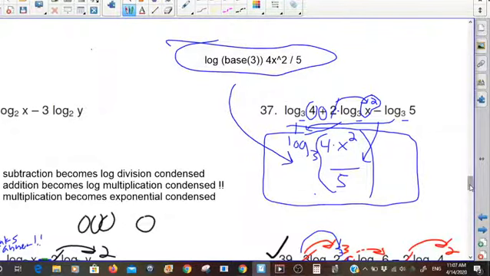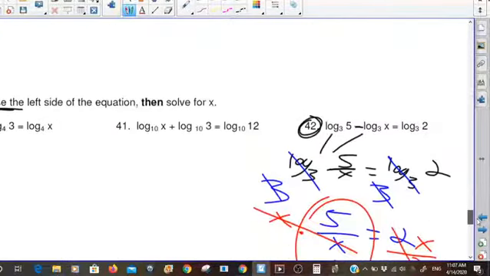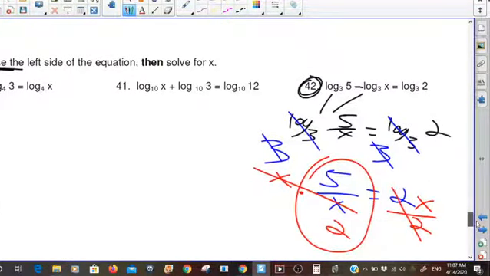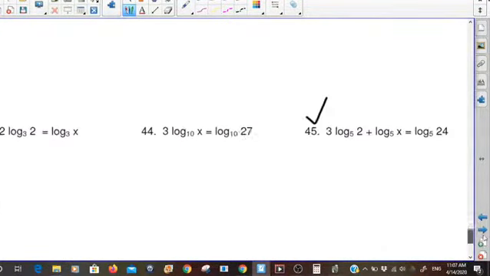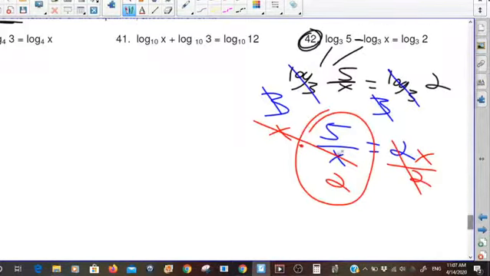Cool. Okay, last but not least, we're going to jump over to condensing and solving, which we already helped you with number 45 last time. Here's 42 to help you if you need help there. We condensed it, subtraction became division. So 5 subtract x is 5 divided by x. So log base 3, 5 over x, equals log base 3, 2.